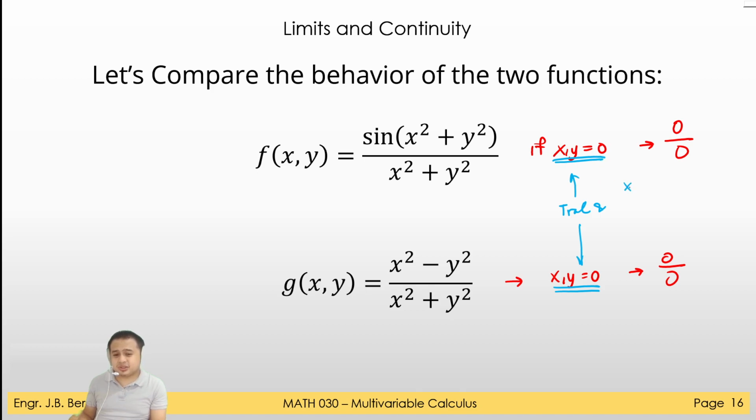Basically, we can try x equal to 0.001, y equal to 0.001 to understand the behavior of the function as it approaches 0 for both x and y variables. What I am discussing here is actually a numerical method of trying to find the limit of a function. I hope you are already familiar with this.